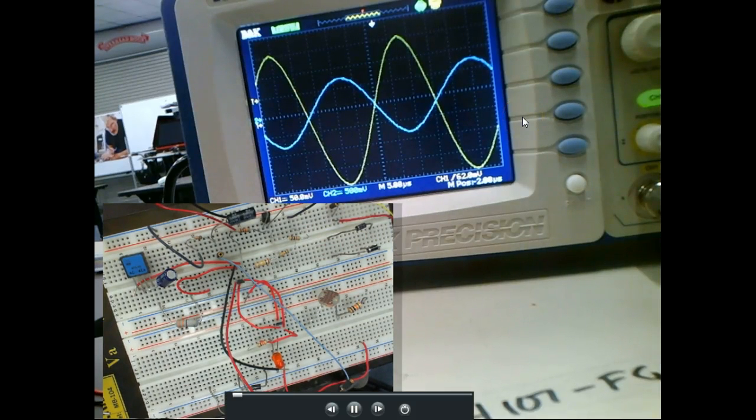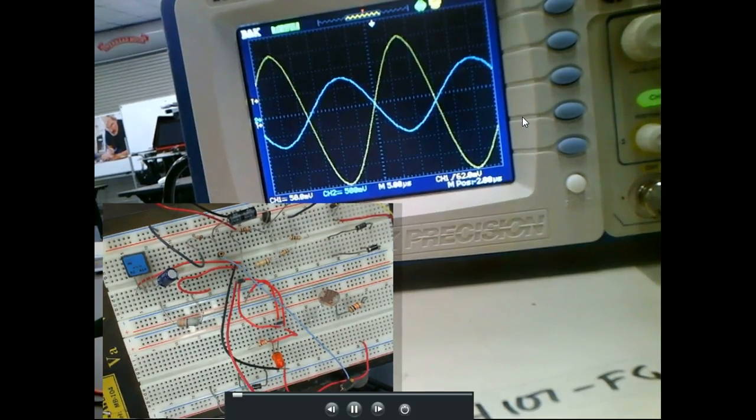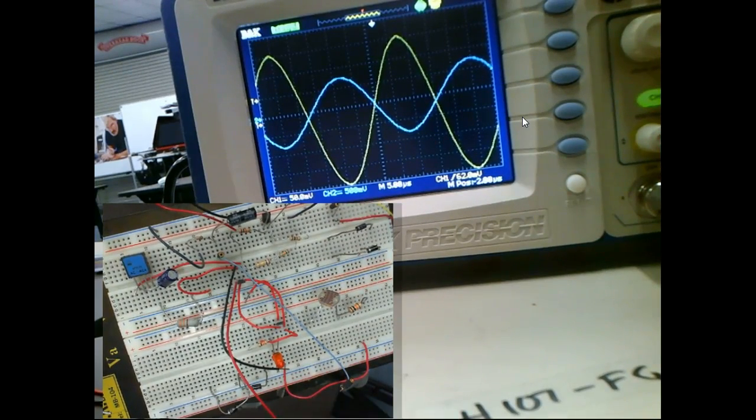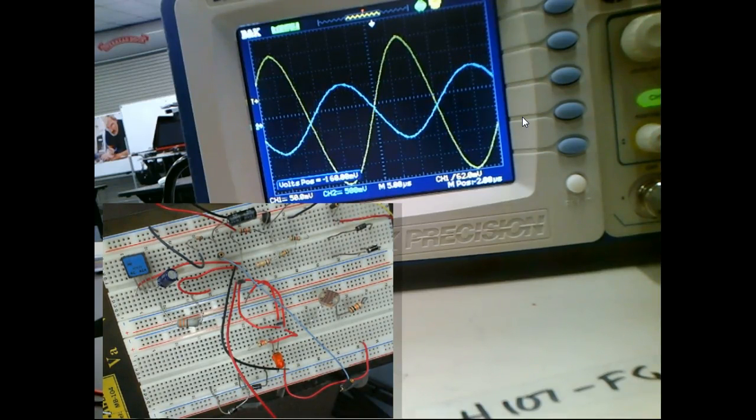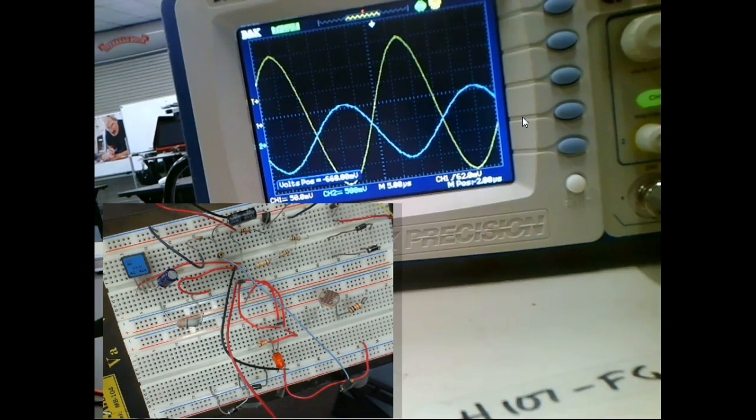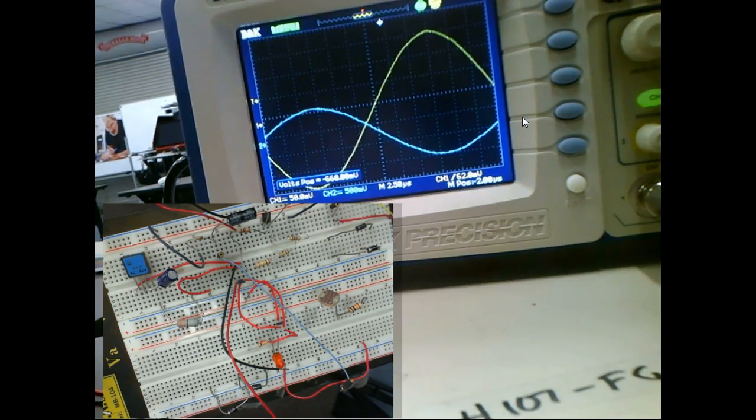So we know we're getting 350 millivolts in. I'm going to have to move my blue down a little bit so we can get it on a vertical line. In fact, let's drop it down so we can get a really good measurement.